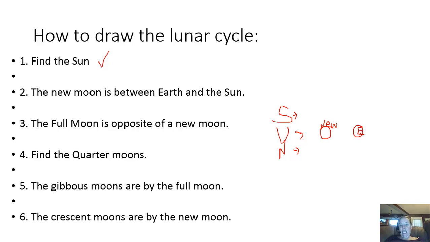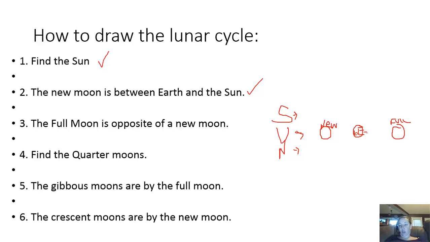Because if I'm standing here on Earth and I am looking at this moon, I can't see it, because the side of the moon that I see isn't lit. The back side is, but I don't see that side. So that's my new moon. I go directly opposite of the new moon, and that is going to be my full moon. Okay?